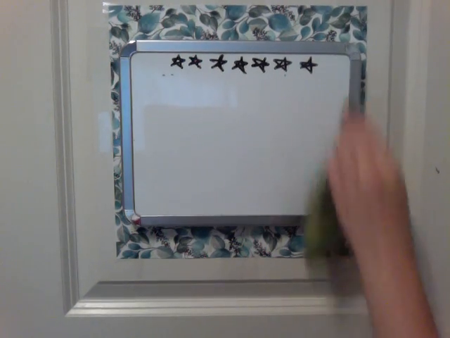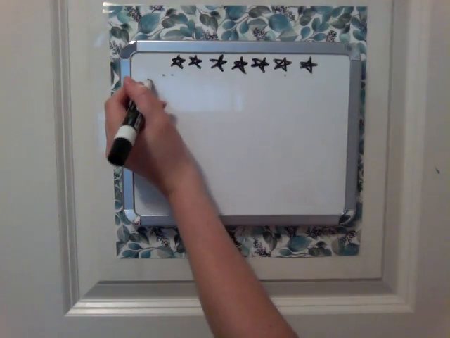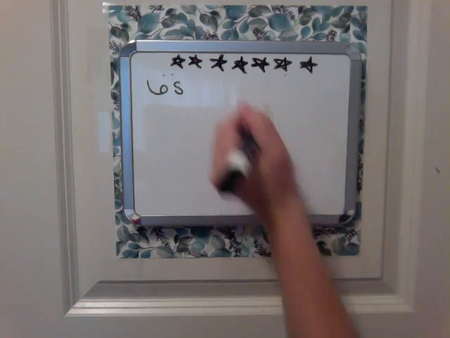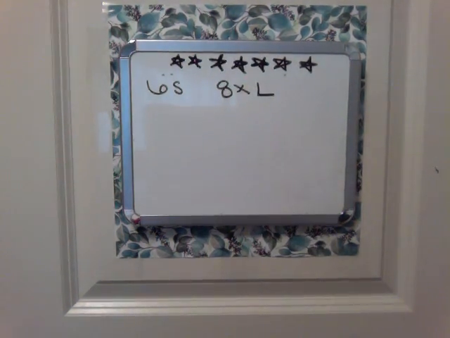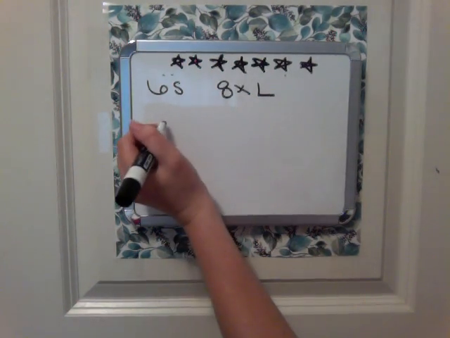And our last problem of the day is our word problem. And this one says that we need 6 oranges for a small glass of orange juice. And we need 8 times as many oranges for a large glass of orange juice. How many oranges do we need for a large glass?